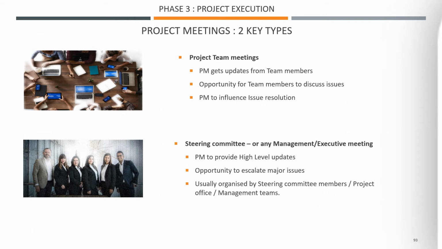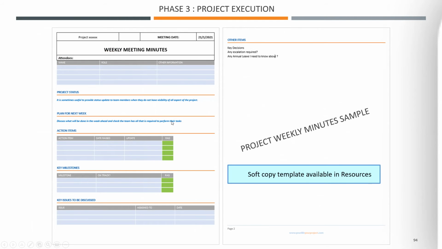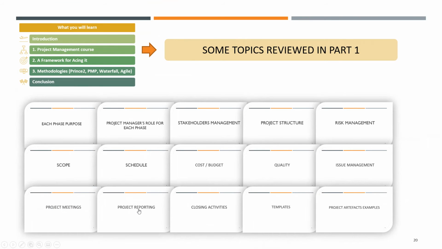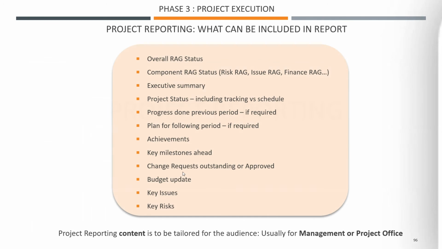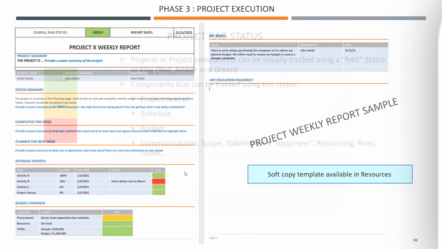There are also templates that we will review and discuss. We will also discuss project reporting, which is very important for the perception of a project manager. We'll also walk through a template.